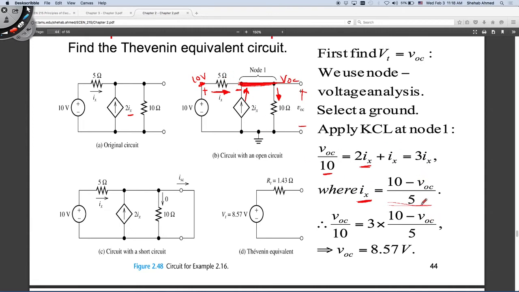Very good. So given Ix in terms of the open circuit voltage, I can substitute it into the equation I just calculated from Kirchhoff's current law at the node, and solve for the open circuit voltage. Very good.